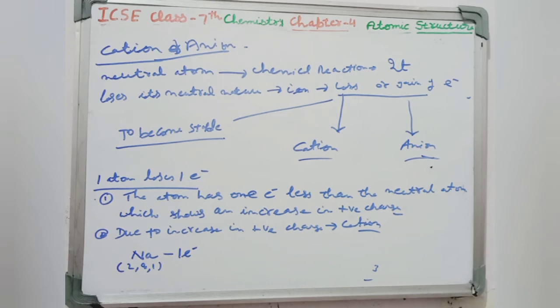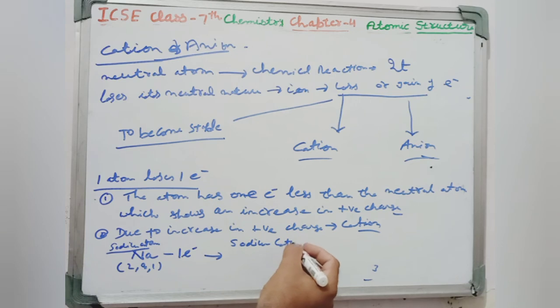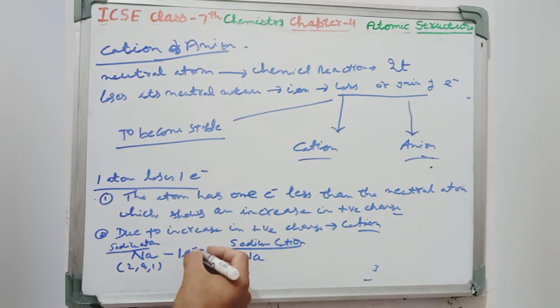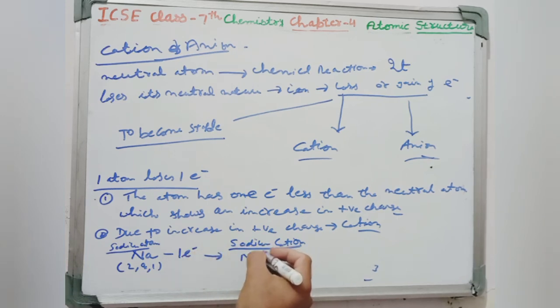This is sodium atom. After losing one electron, because it is losing, it becomes sodium cation. When it loses an electron, its positivity increases and it becomes positive. Here 2, 8, 1, it has lost one. Sodium cation will have only 2 and 8.